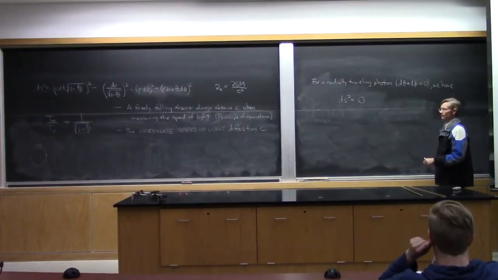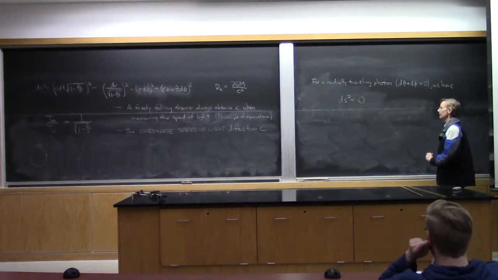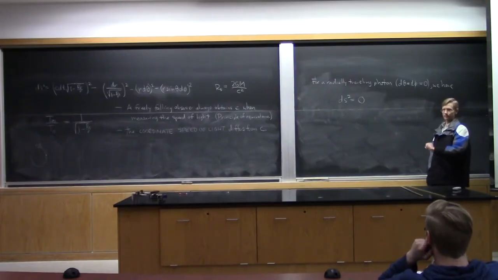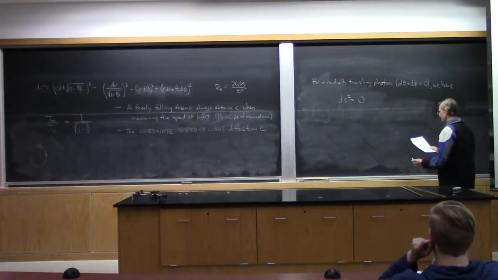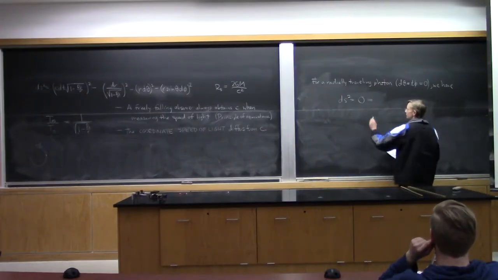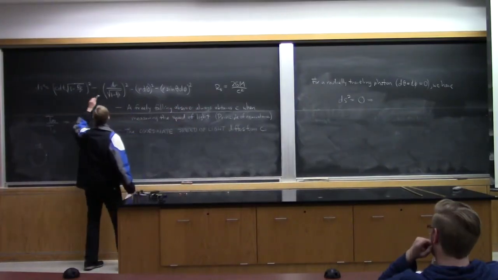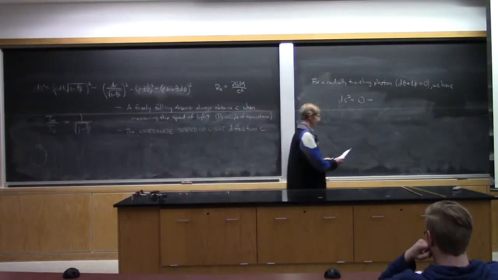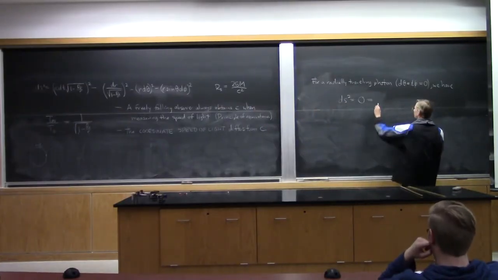So ds squared is c squared d tau squared, where d tau is the proper time elapsed on a clock carried by the particle, but for photons, the clock doesn't elapse proper time along its world line. So ds squared is equal to 0, and we only need the first two terms here because d theta and d phi are equal to 0 along the world line of the photon.